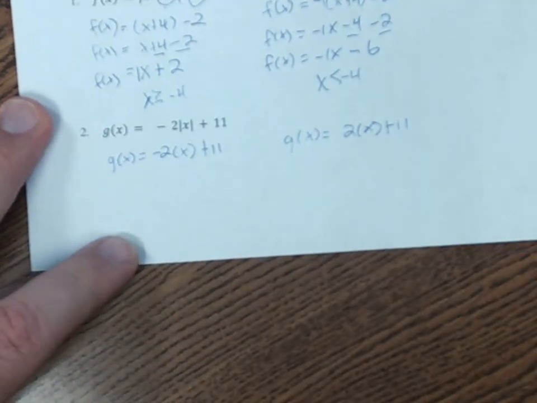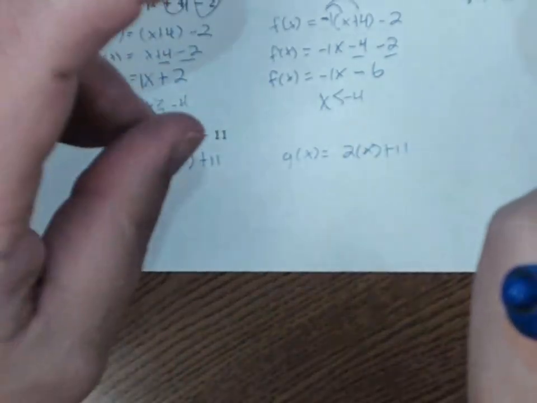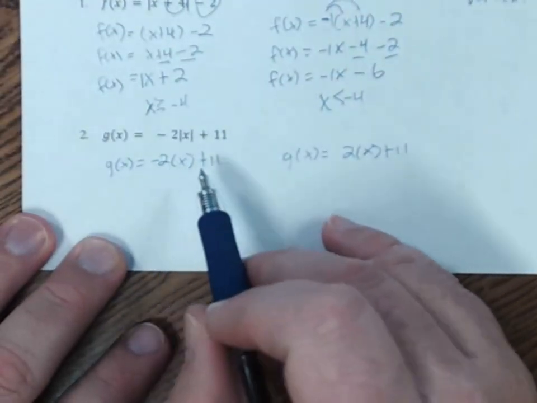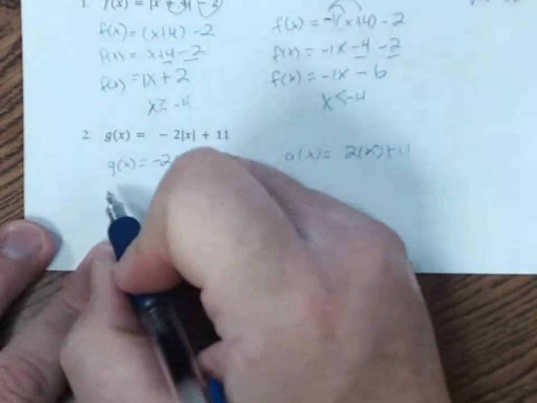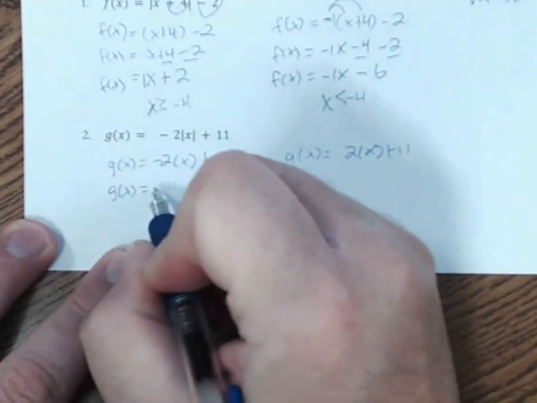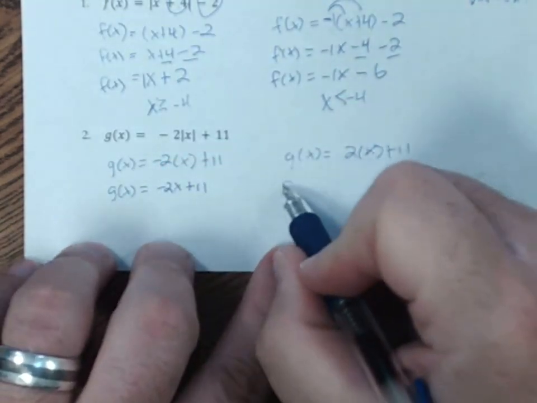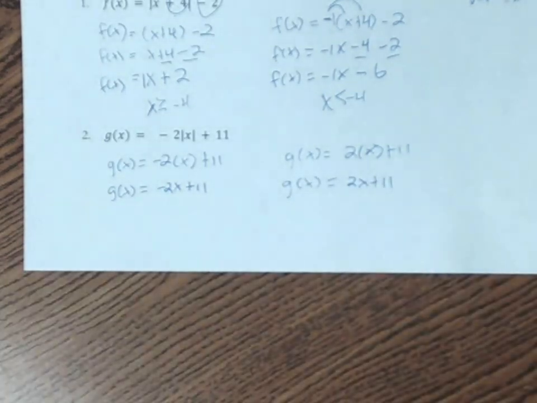It really doesn't simplify a whole lot. I mean, you can, quote unquote, distribute this, but there's really nothing to distribute over per se because there's nothing being added or subtracted in here. This is just really g of x equals -2x plus 11. And the same thing's going on over here. It's just g of x equals 2x plus 11.